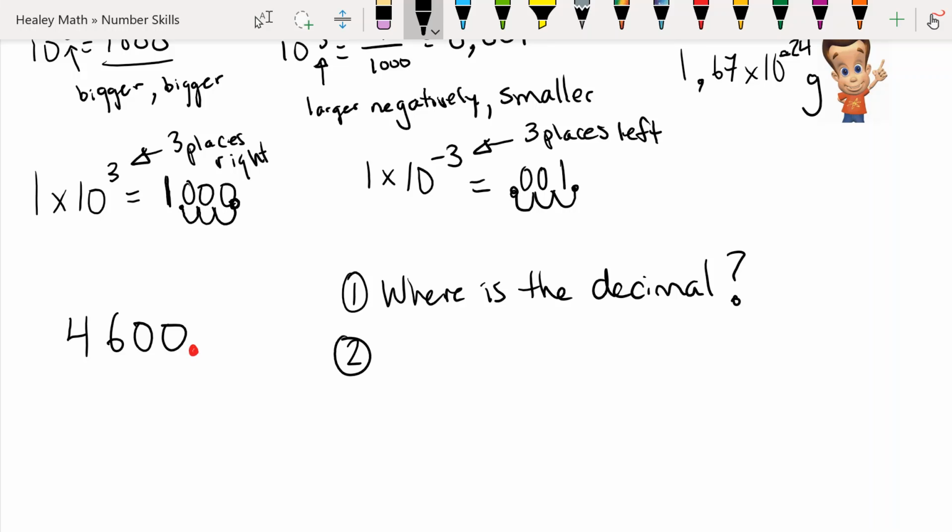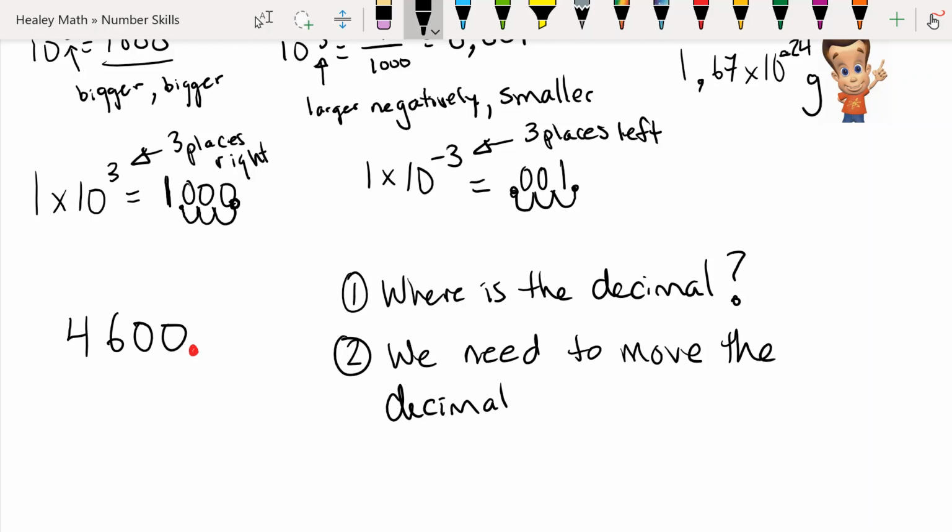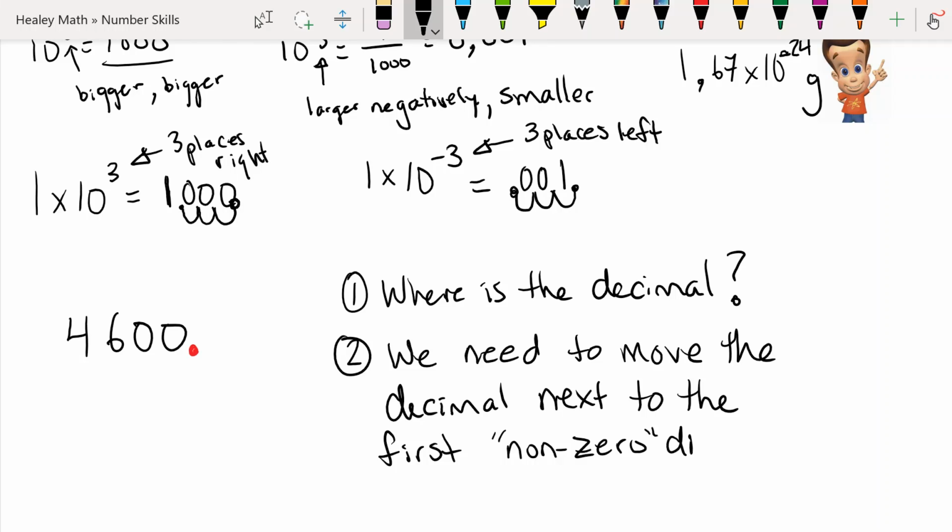Our second step is we need to move the decimal next to the first non-zero digit to the left.